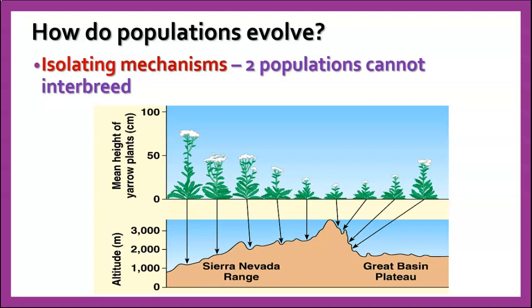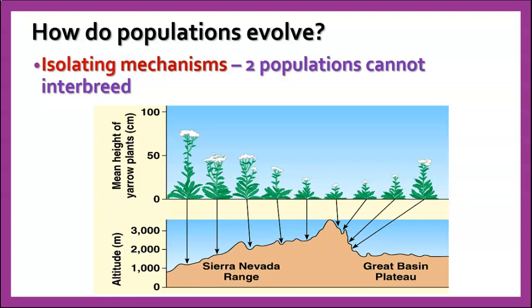An isolating mechanism is when you have two populations of the same species that are no longer able to interbreed. And there are various reasons this can happen. The picture that it shows here is this yarrow plant that has populations that live in different areas on the west side and the east side of the Sierra Nevada mountains in the western United States.